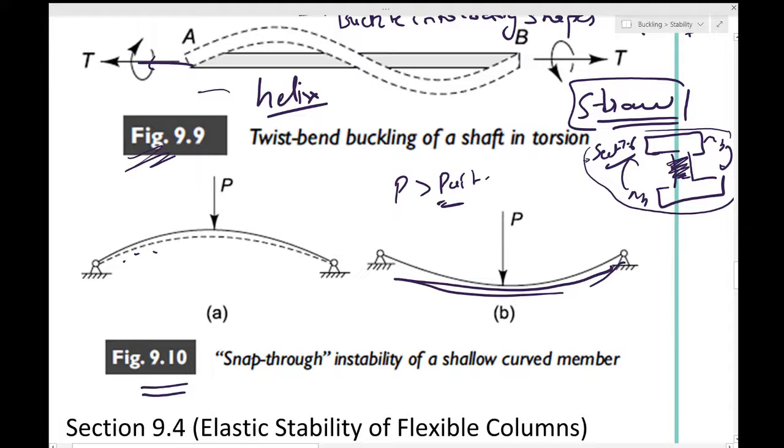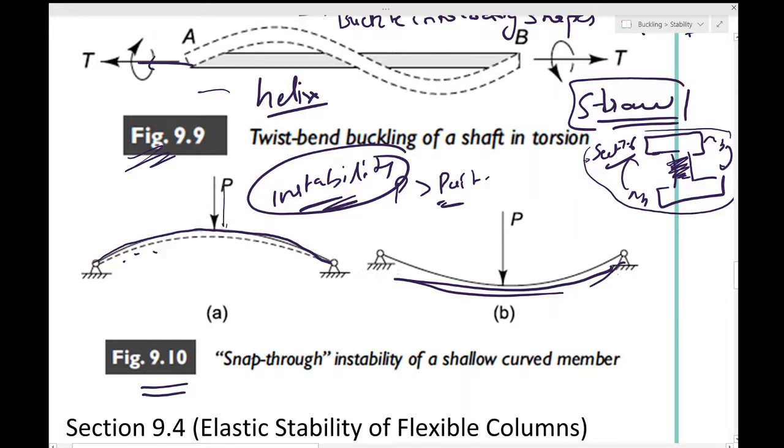Now, even though this behavior is a so-called instability, in many cases it is actually desired, like in electric switches. If you ever get a chance to look at how an electric switch looks, they have a small plate like this, and then you apply a load and it comes to the other side. So there is a switching on and off mechanism.